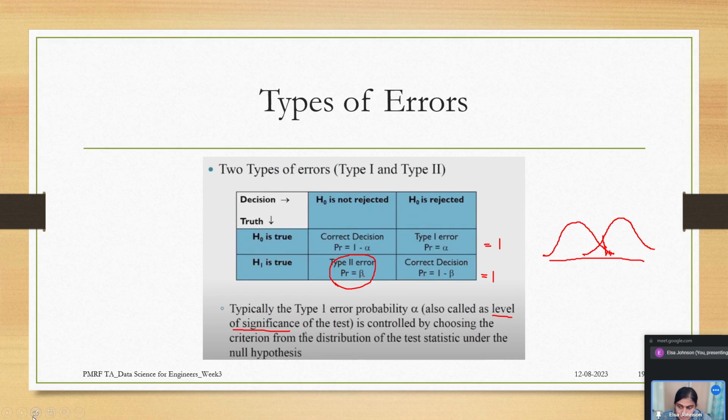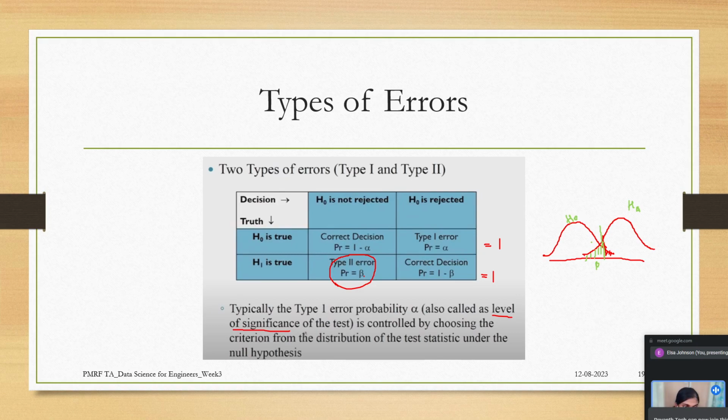If this is for the alternate hypothesis and this is for H naught, then this will denote beta and this will denote alpha. You can see that when we change this level, when we bring it to the left side or right side, if you bring it to this side, the alpha value will increase and beta will decrease.